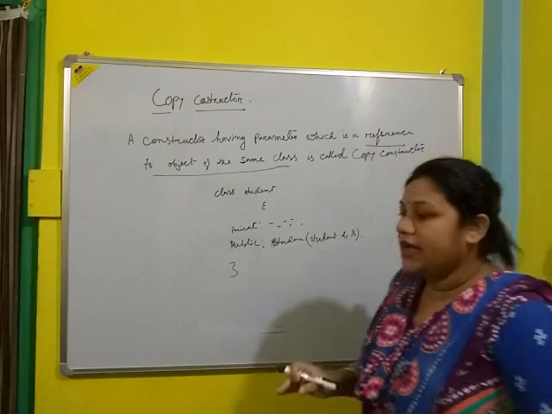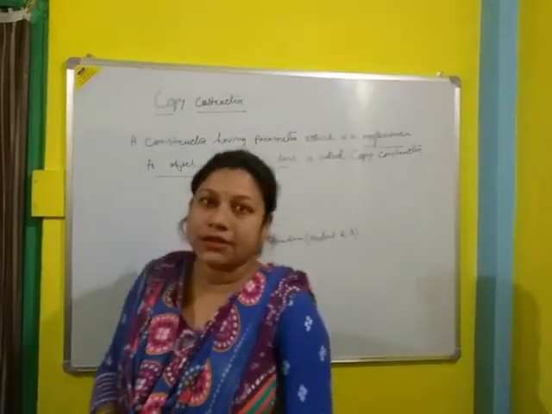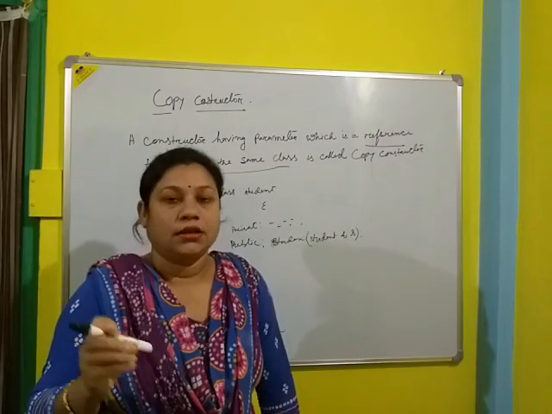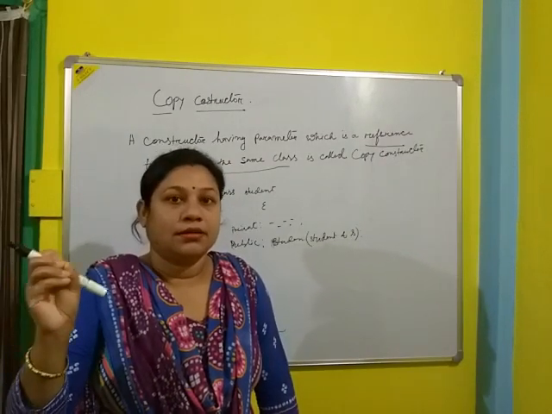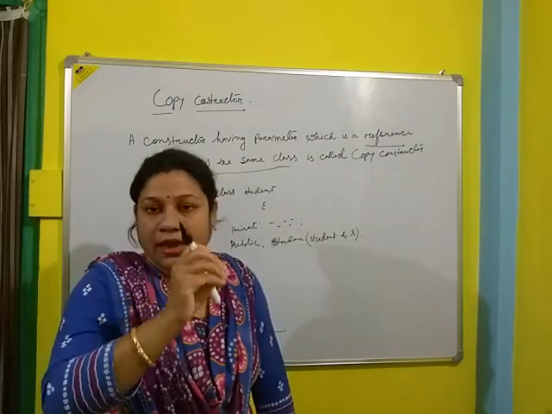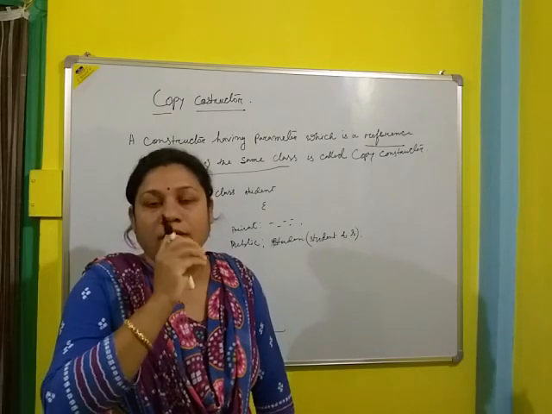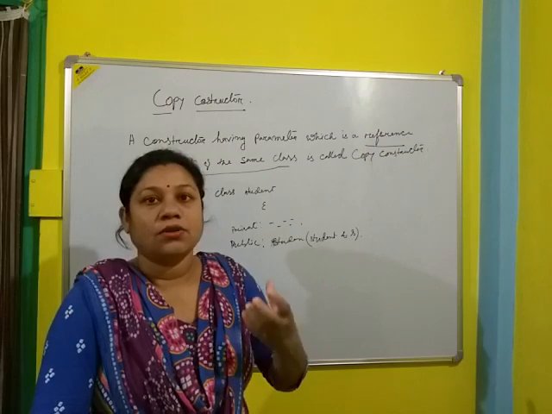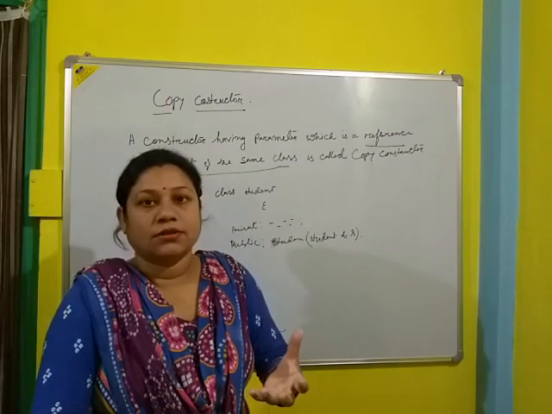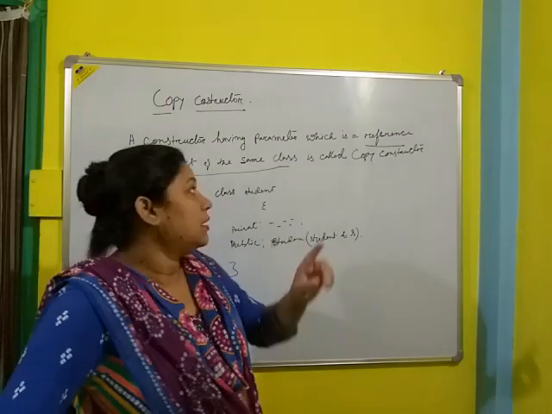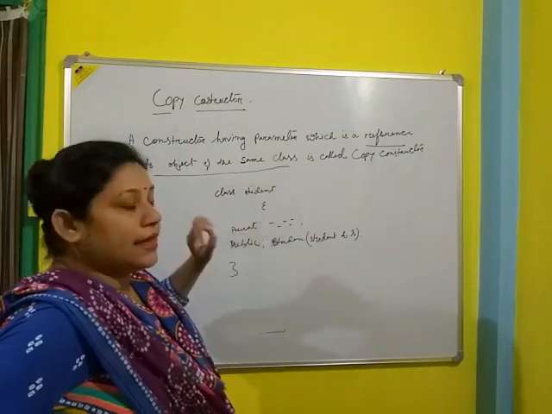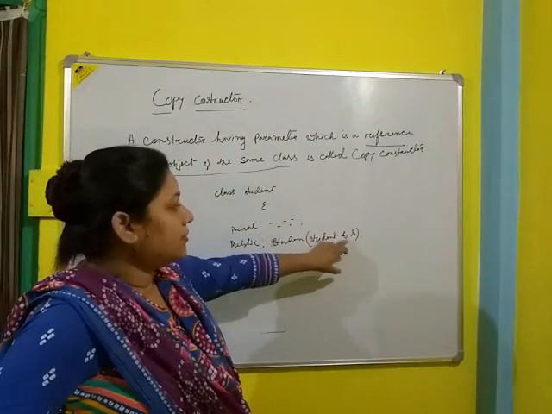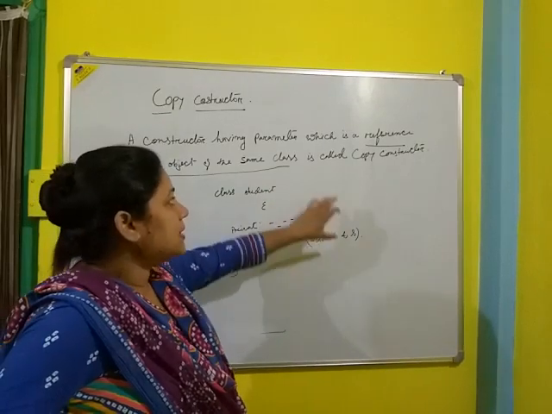That means we are going to create a constructor that is going to take as argument an object of the same class, giving the address of the object of the same class.